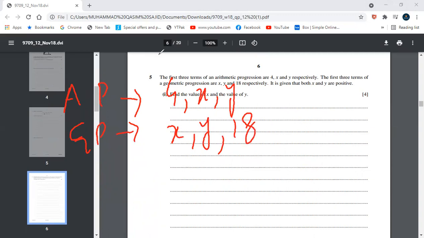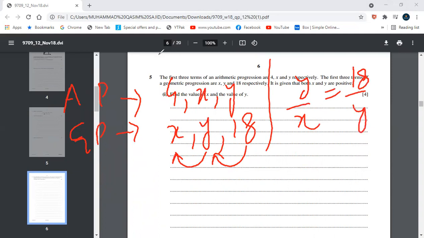So from geometric progression, the ratio method is used. So it must be the ratio of this to this and this to this. So for geometric, y upon x equals 18 upon y. Is this clear?